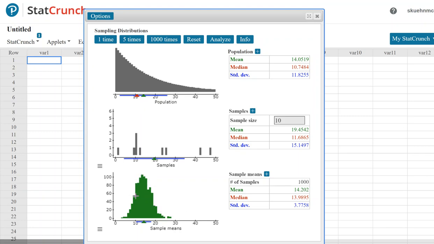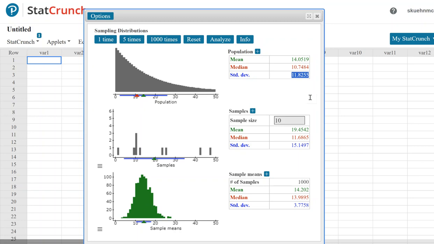This has moved into a normal shape here, which is what we want to have. And notice that the center of our sample distribution is pretty close, again, to the center of the population's distribution. The standard deviation of the sample's distribution is much less than the standard deviation of our population's distribution.